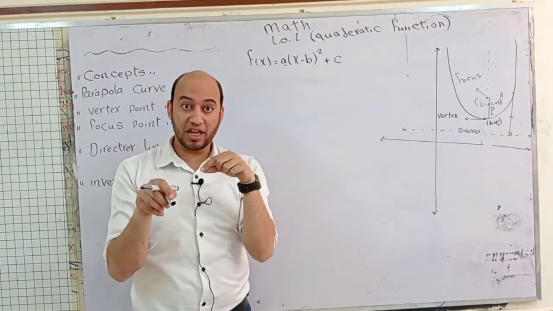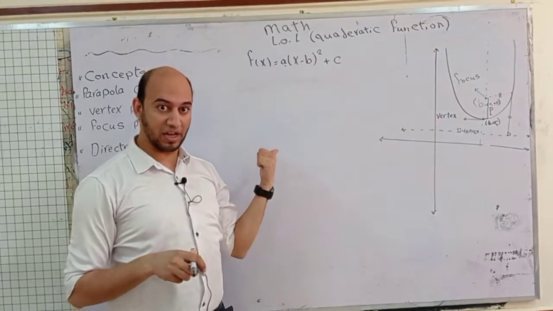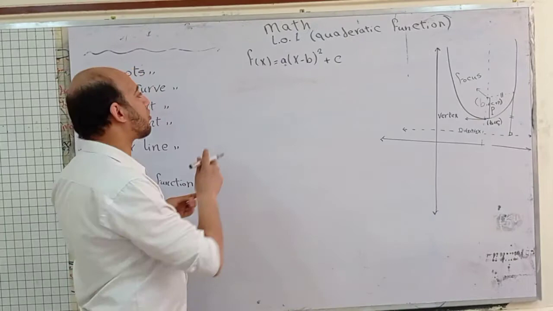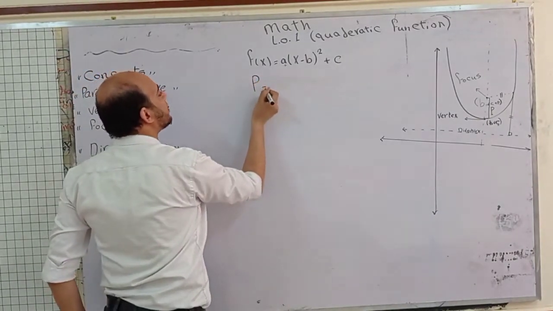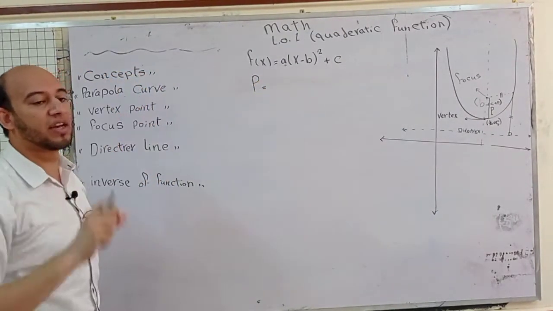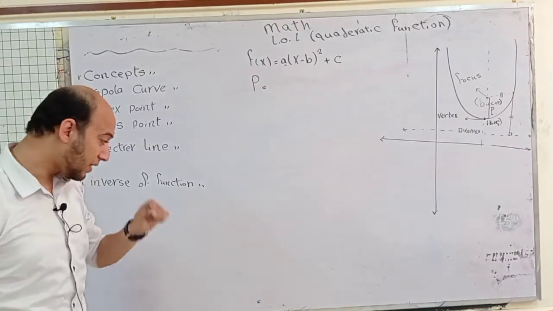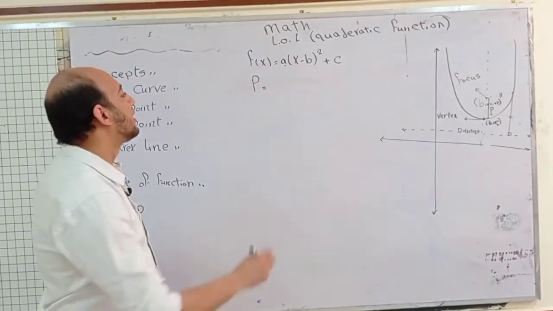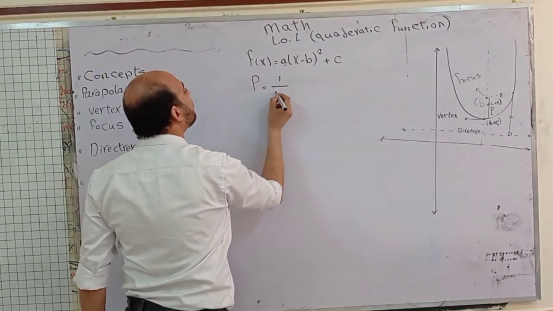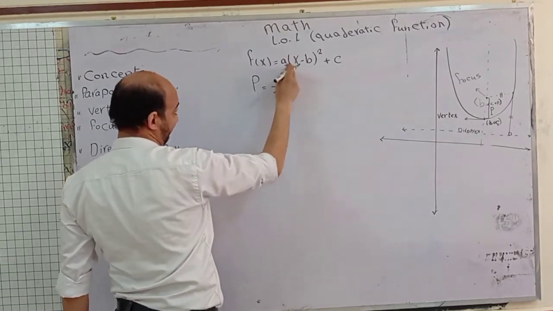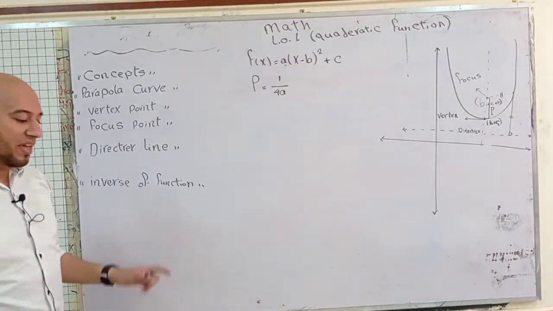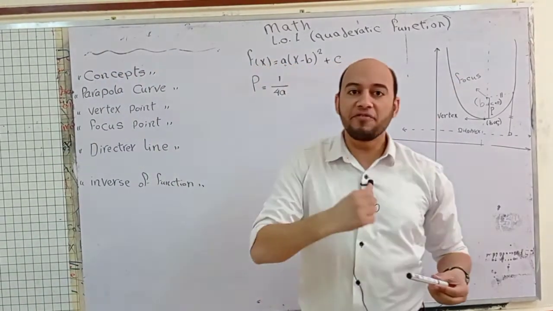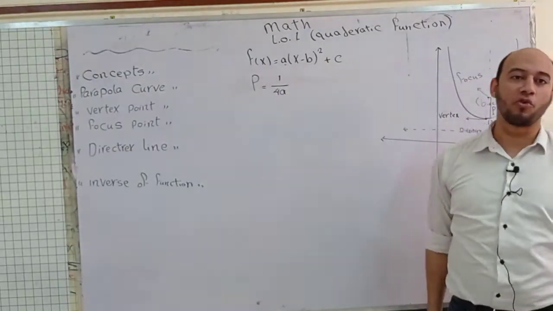So P, the vertical distance between the focus and the vertex, equals 1 over 4a. Then we can get the focus point if we have the vertex form.